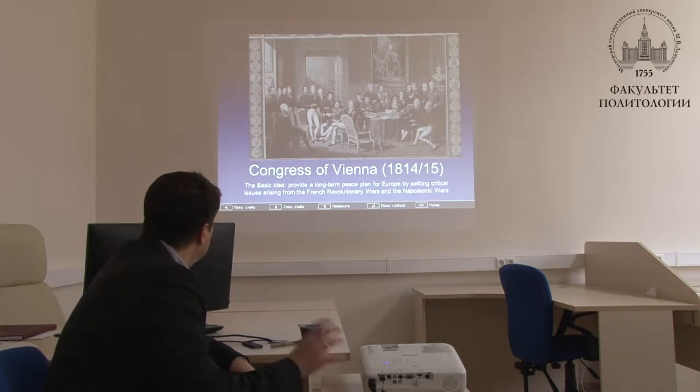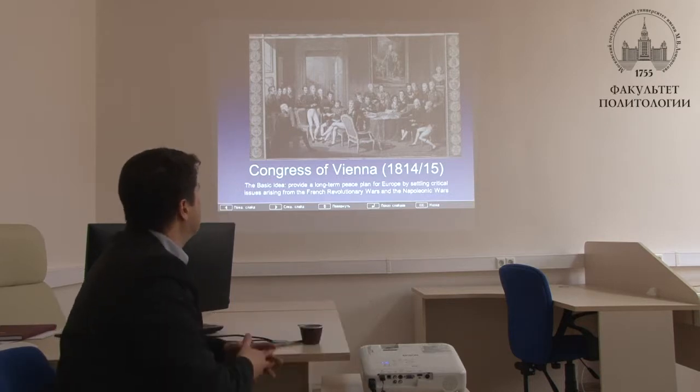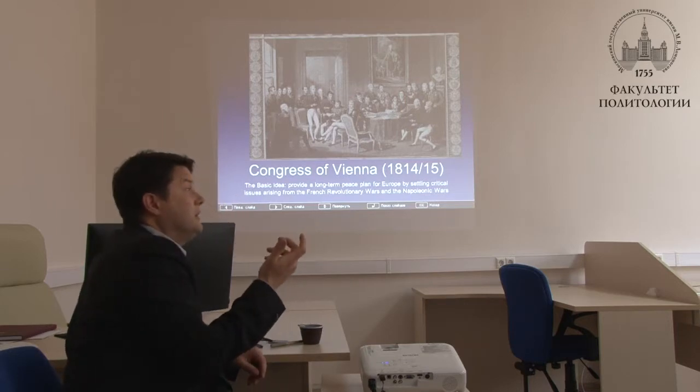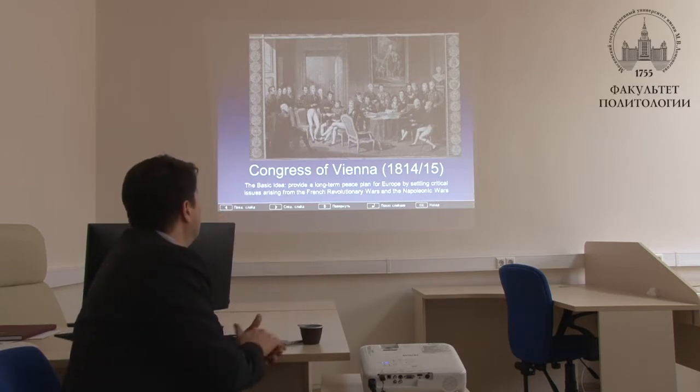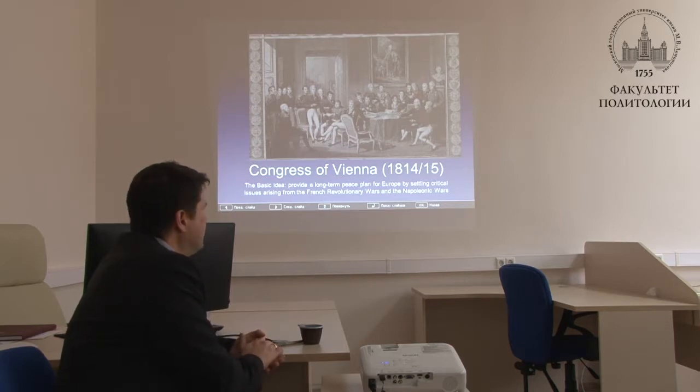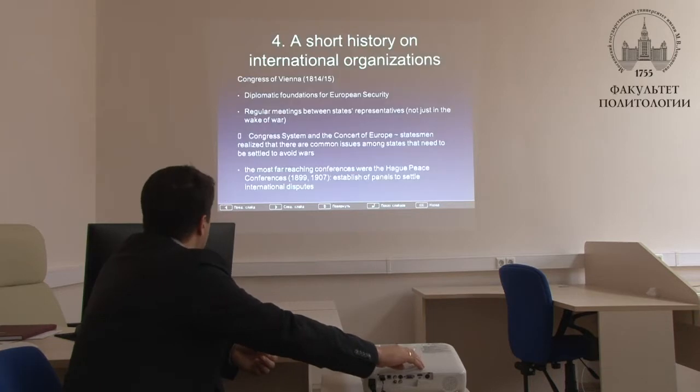The basic idea of the Congress of Vienna was to provide a long-term peace plan for Europe by settling critical issues arising from the French Revolutionary Wars and the Napoleonic Wars.